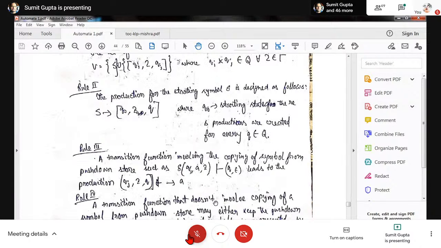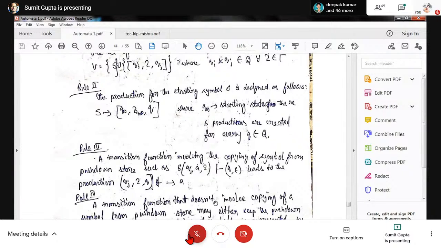Rule 3 states, once we do the numerical, I think it will be easier to understand. Rule 3 states a transition function involving the popping out of a symbol from the pushdown store.